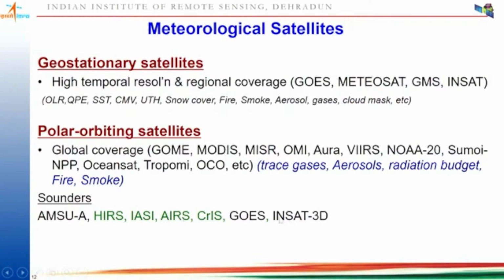In INSAT-3D we have a 19 channel sounder. In AIRS we have more than 2000 channels, and in IASI we have around 8000 plus channels, measuring high vertical resolution profiles. So these are optical, hyperspectral, or microwave sounders for different purposes.